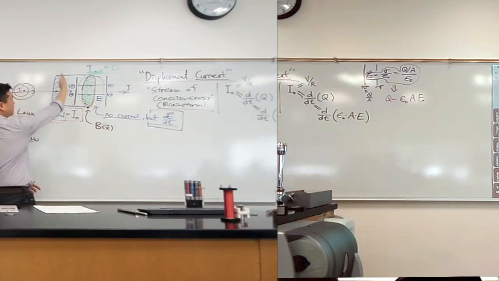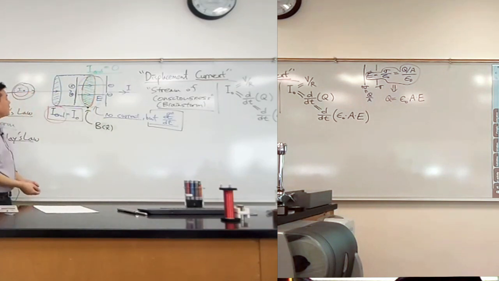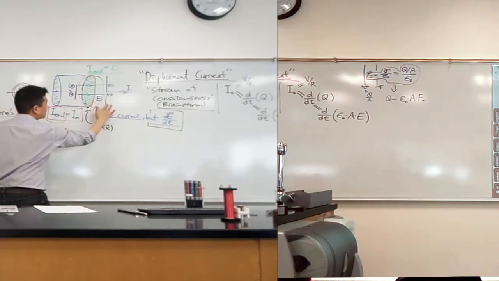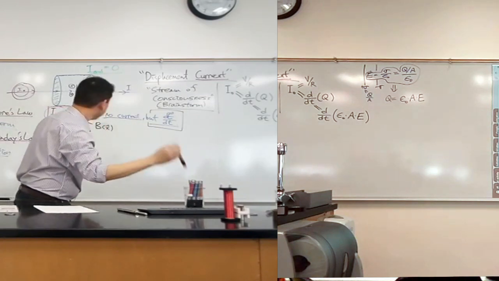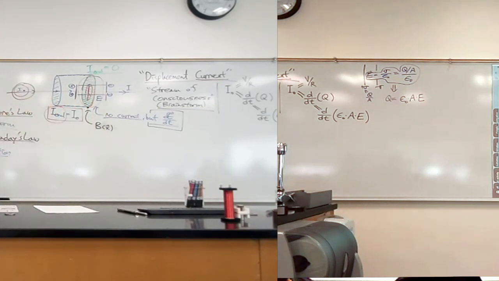Are we talking about these areas that are being defined by the Amperian loop? Or is it some other area? I see that I have drawn it confusingly. Let me draw my capacitor a little bit smaller so that you can see the cross-sectional area of the capacitor, which might be represented by this, is significantly smaller than the Amperian loop area. Which area are we talking about?